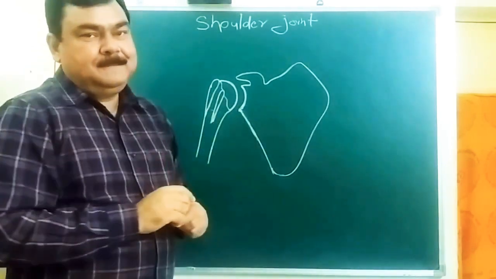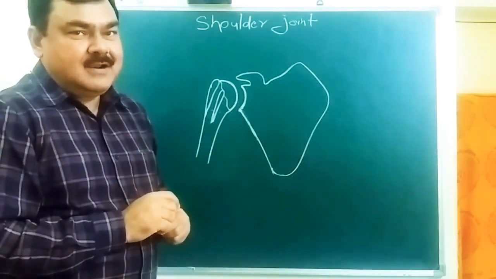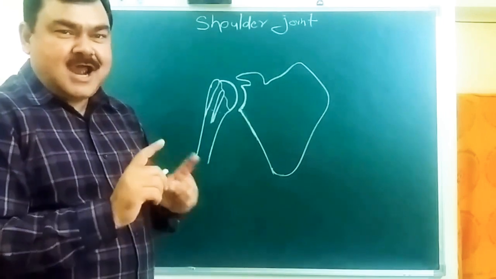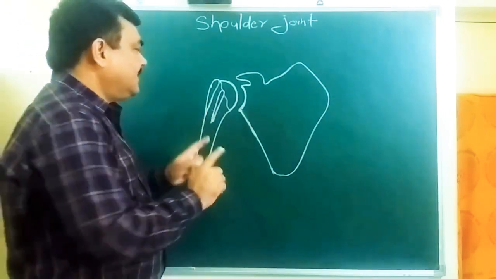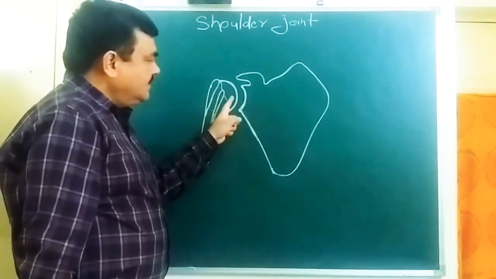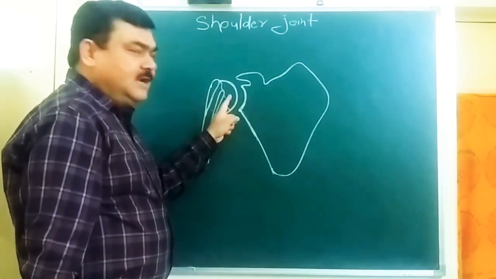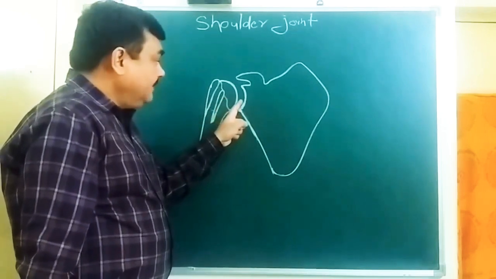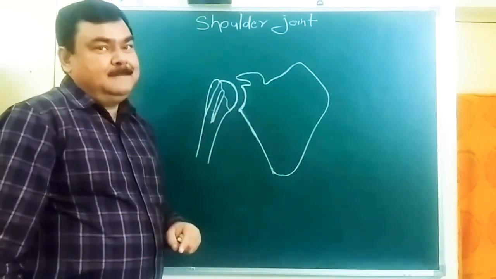Compare the size of both articular surfaces, this size and this size. This head is comparatively 4 times larger than this glenoid cavity.